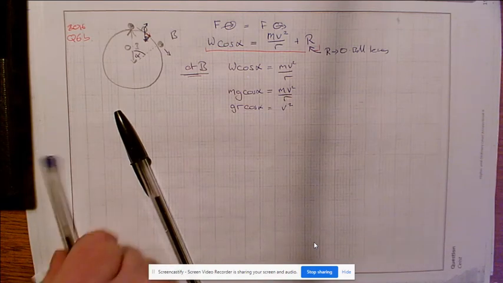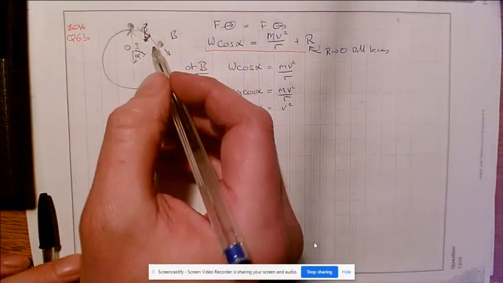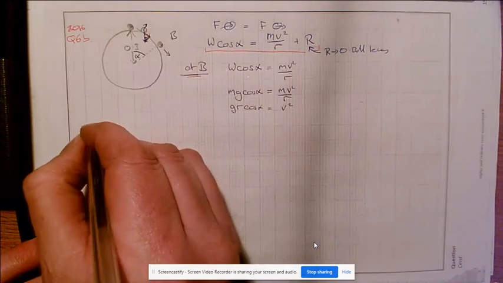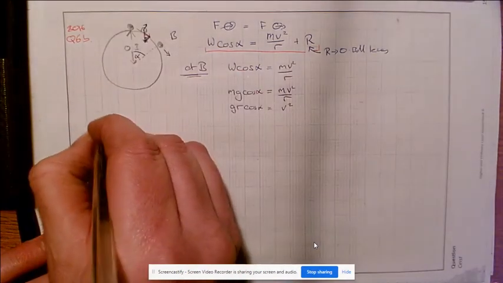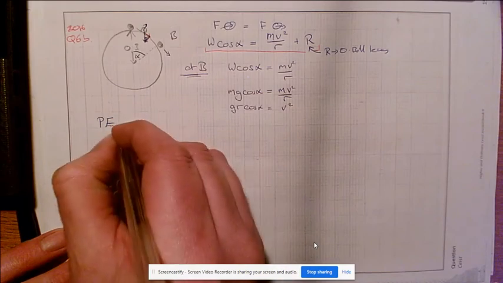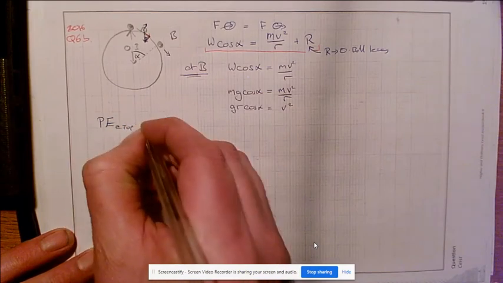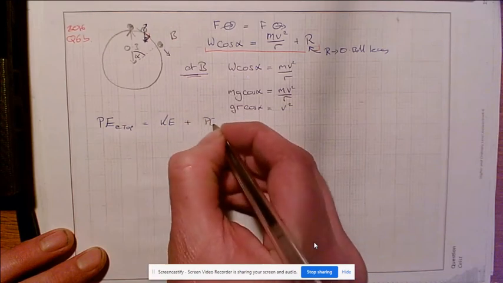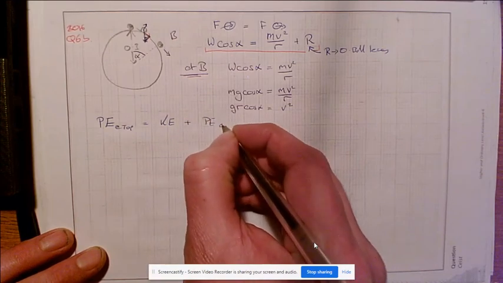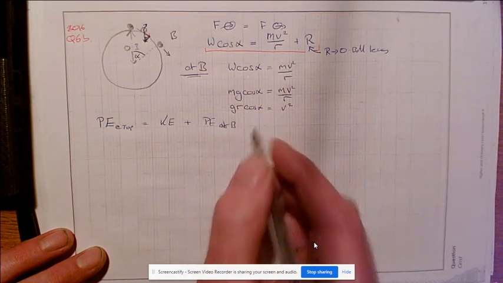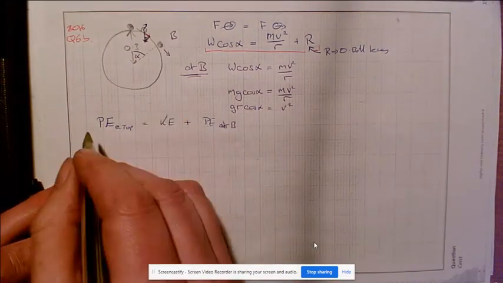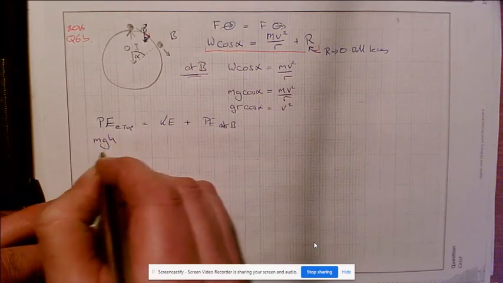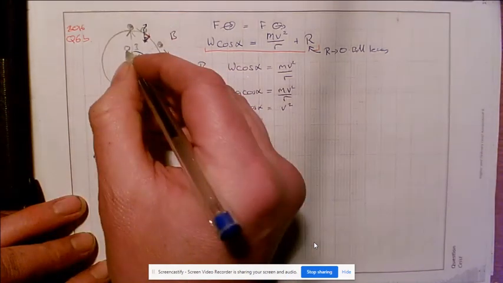So then the other thing that we want to worry about is, where did it get its velocity? It got it from energy. So the potential energy at the top was equal to the kinetic energy plus the potential energy lower, at B. Okay, so the potential energy at the top is mgh, mg by 0.3.